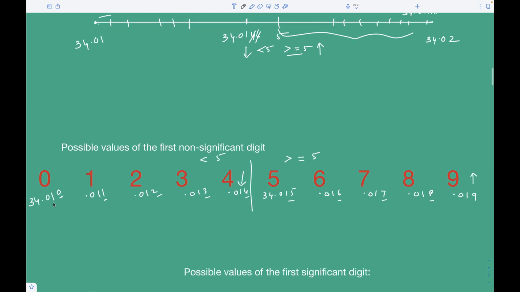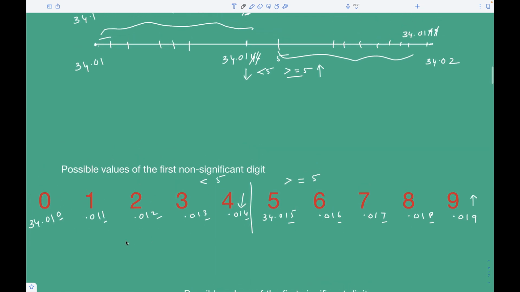So in all these cases, we have to make it 34.01 by dropping this last digit. And in all these cases, we have to make it 34.02 by adding 1 to the last significant digit and dropping this non-significant digit.